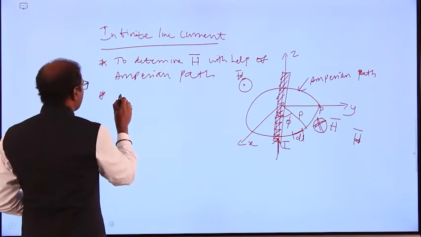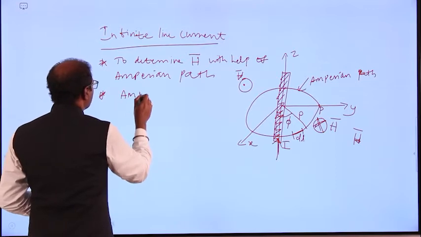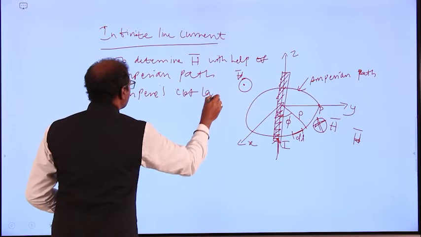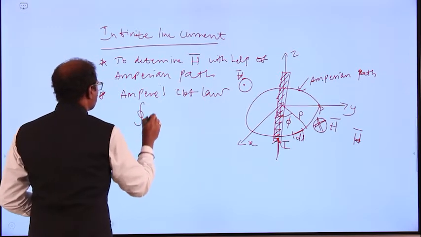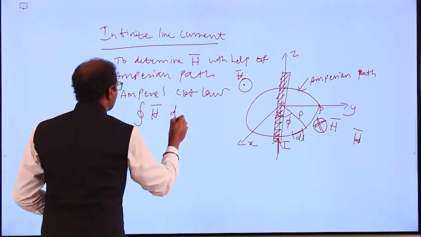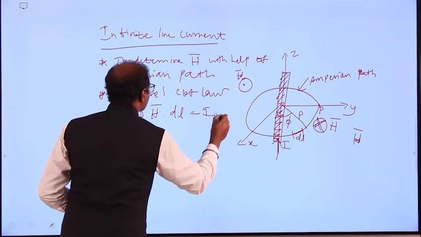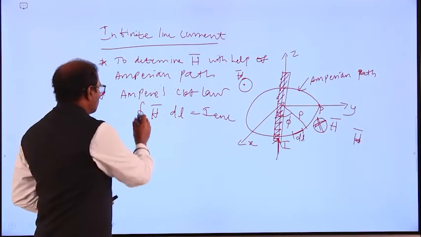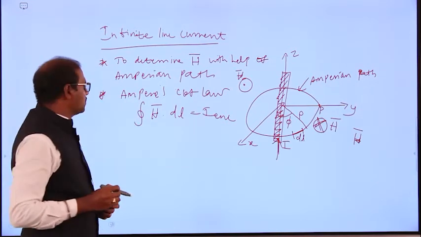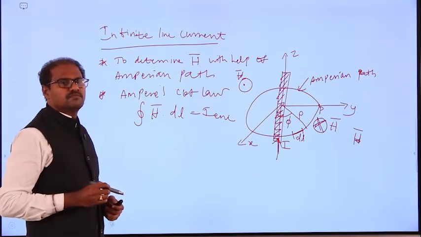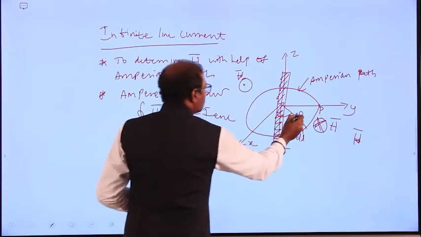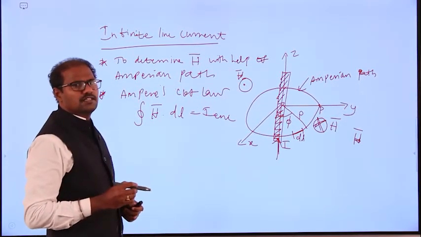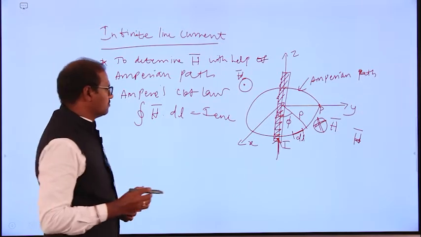The Ampere circuital law states that the closed loop integral of H dot dl equal to I enclosed. Closed loop integral H dot dl equal to I enclosed. So this will come to the cylindrical coordinate system.